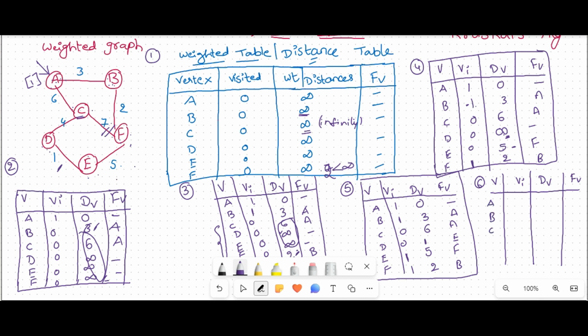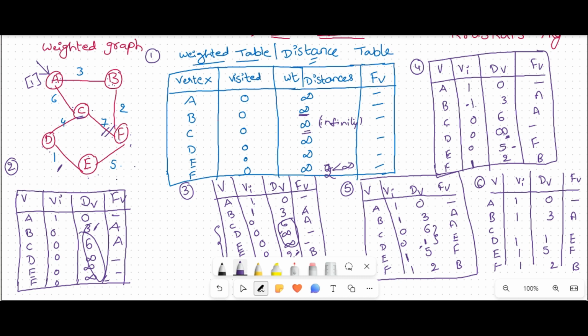A, B, C, D, E, F. Visited vertices, write down rows as it is. 1, 3, A. E, 1, 5, F, 1, 2, B. Now from these two vertices, which one is next to be visited? D. Why? Because the distance is 1. 1 is less than 6. So visit D. So make that vertex visited value 1. And here it is 1. That row is as it is E.